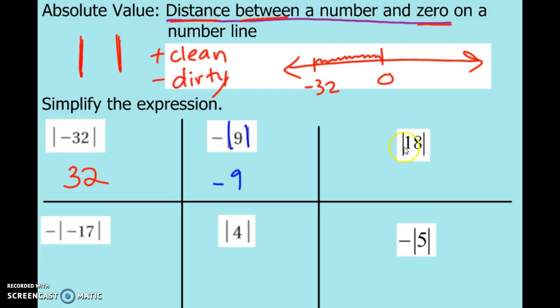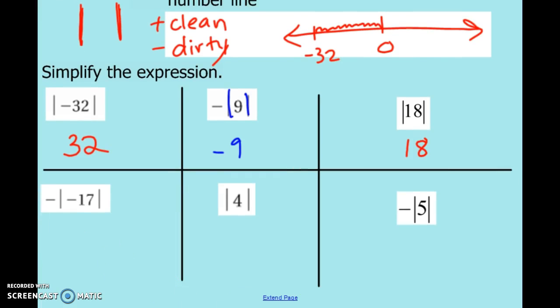And then our last one, 18 goes in the shower clean. It also has to come out clean or positive. Down below, these are not parentheses, so it's not the opposite of a negative here. -17 went in the shower, it comes out clean, +17, but then someone threw dirt on you from the outside, so it's a -17.